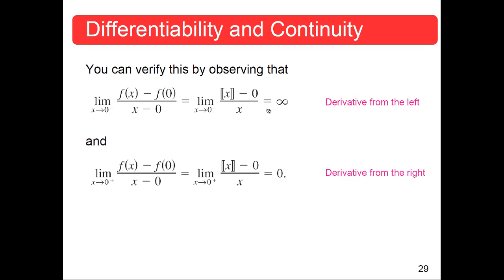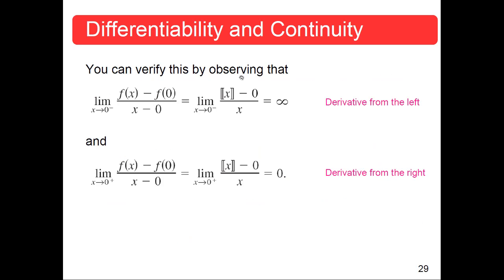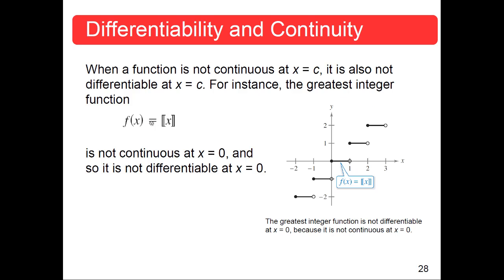So notice the left-hand limit does not equal the right-hand limit. So the two-sided limit that we need to exist does not. Since the two-sided limit does not exist, that means that the step function is not differentiable at the point 0. And in fact, it's not differentiable nor continuous at any integer value.